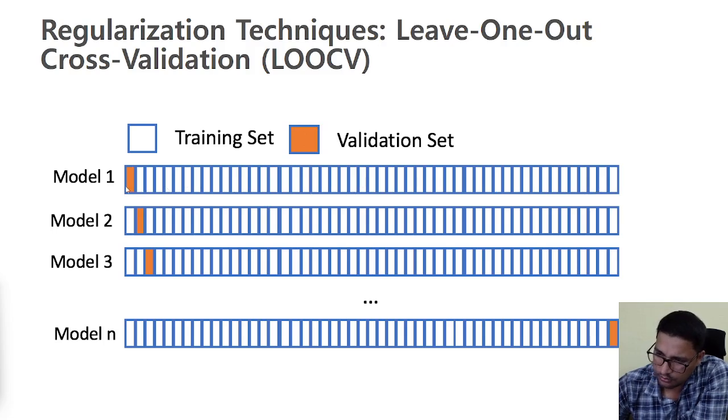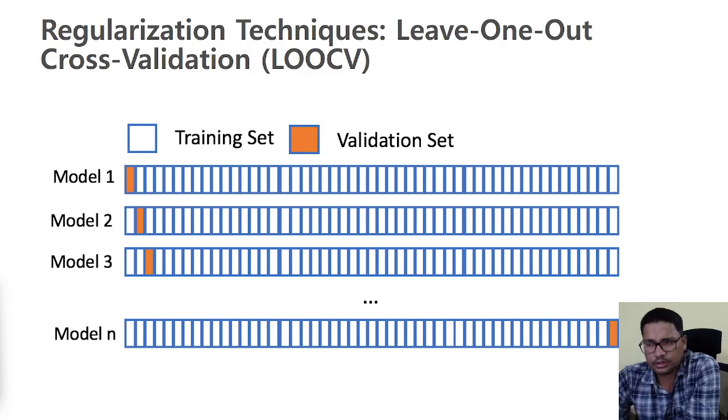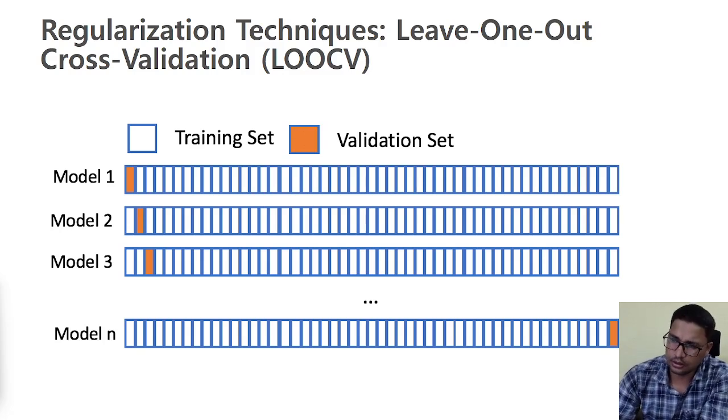And if we have n data, we need to train n models in this way, and finally all the predictions from each model are aggregated and then we decide the final decision, okay? This is leave-one-out cross validation, but it is not feasible if we have a large amount of data, right? If we have millions of data, then I think this method is not proper.